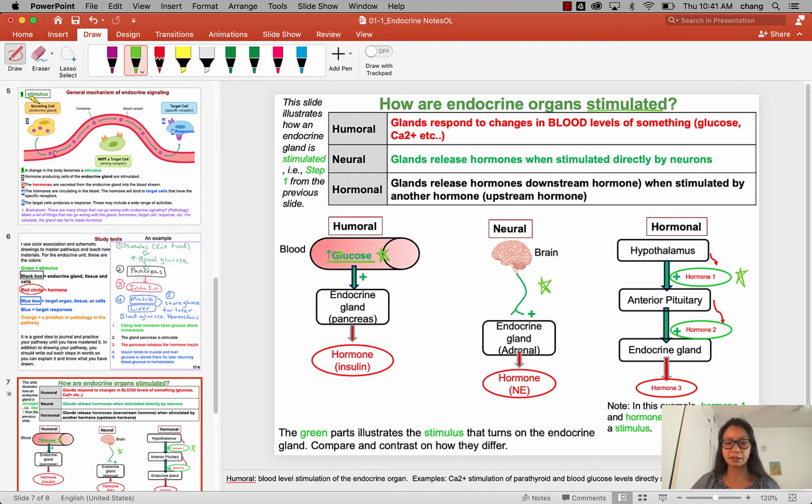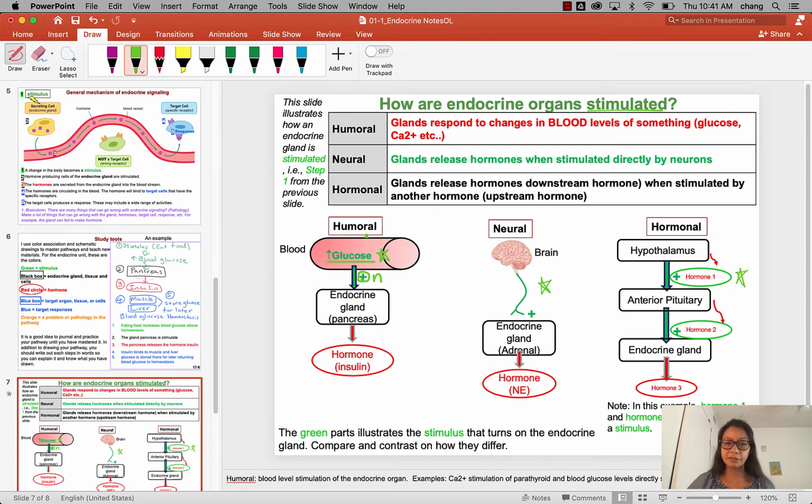So the high blood glucose now will send a stimulus. In this case, the stimulus is positive, meaning it's going to turn on the endocrine gland to make a hormone. Don't worry about the details now. We will learn this in great detail in the next unit.